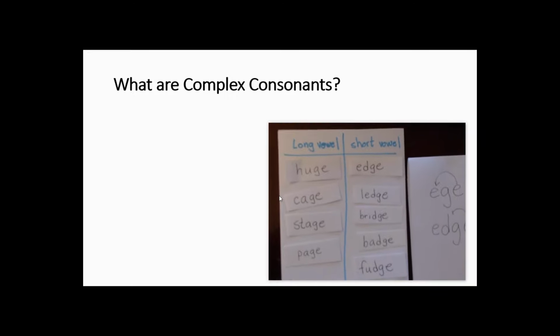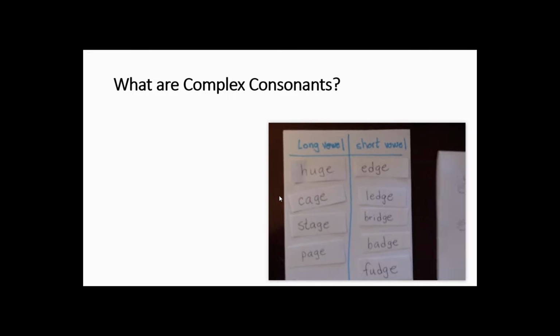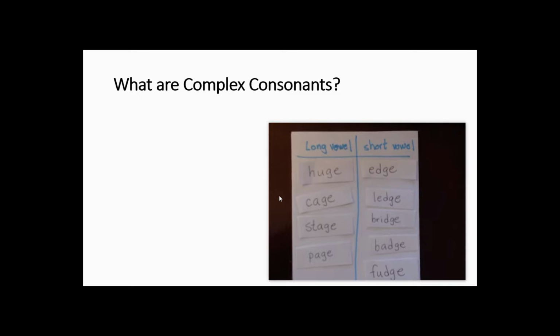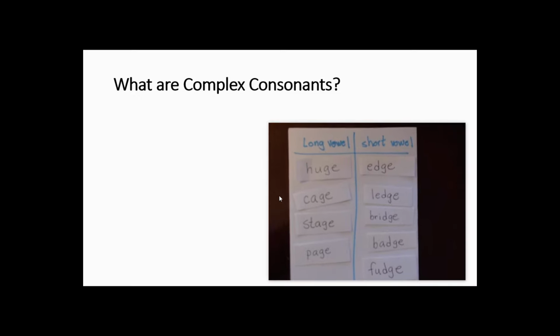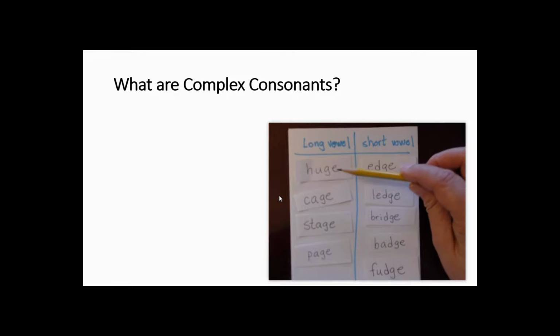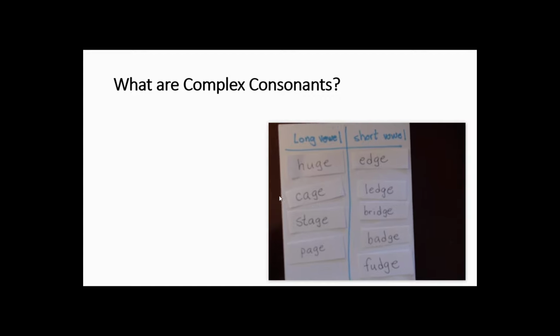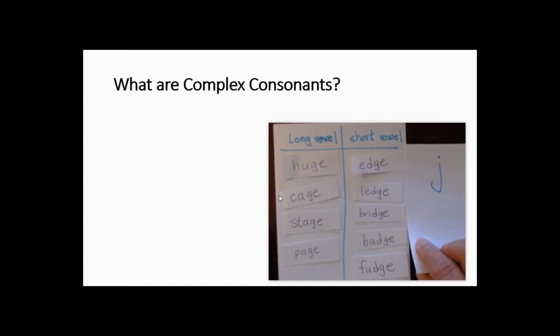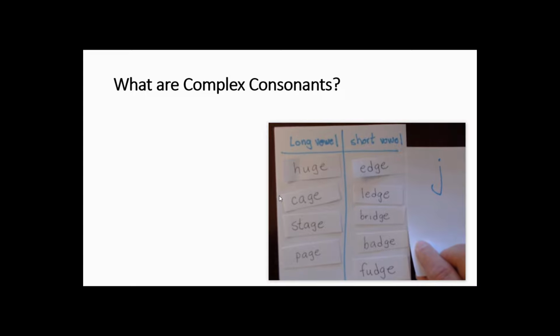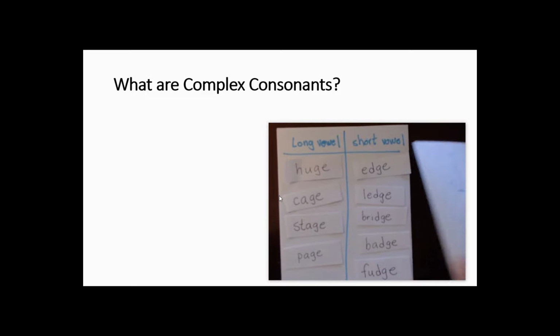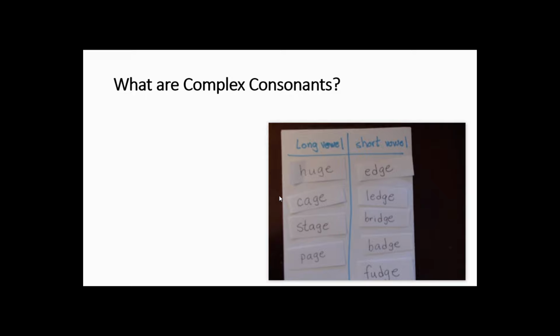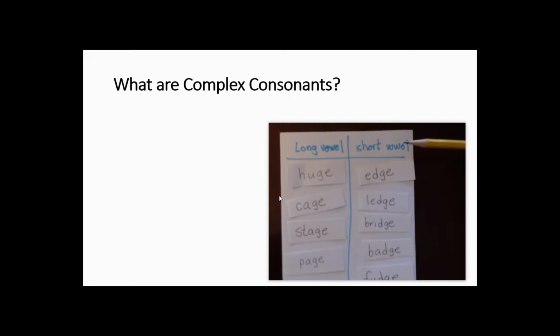So what would be the rule? See if you can come up with one sentence that would be the rule for when you use GE and when you use DGE to record the j sound at the end of a word, because we know that no English word ends in J. Okay, so here's the rule.